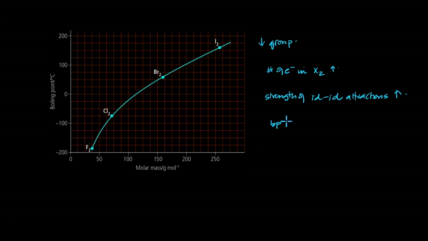Therefore, boiling points and melting points will increase. And they expect you to know that and write the reasons. The reasons were that down the group there are more electrons, so stronger attractions. And that's why they go from gas, liquid to solid. Okay.